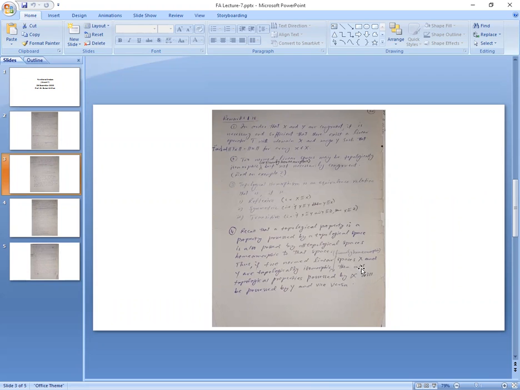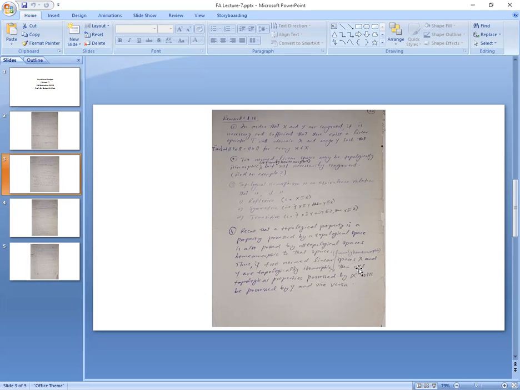Let me repeat once again. If X is a topological space and it has certain properties, and there are other topological spaces which are homeomorphic to X, then the properties of X will be possessed by all other topological spaces which are homeomorphic to X, and vice versa.